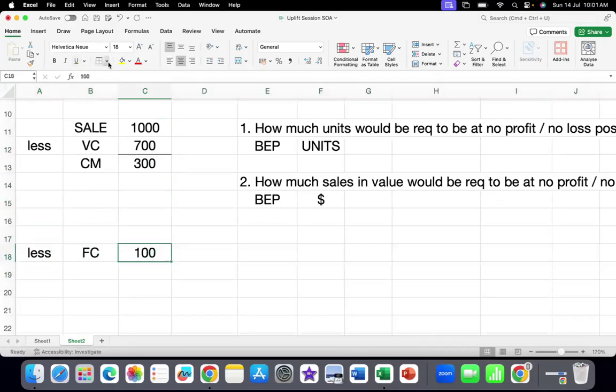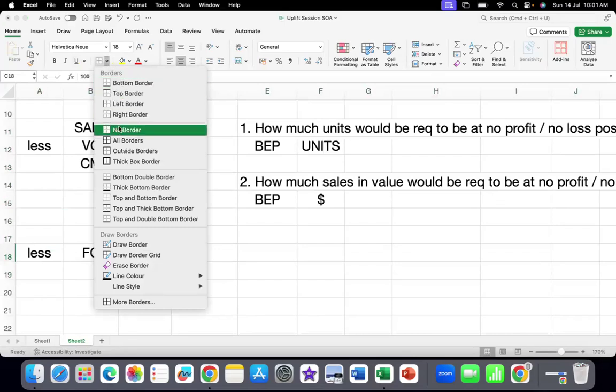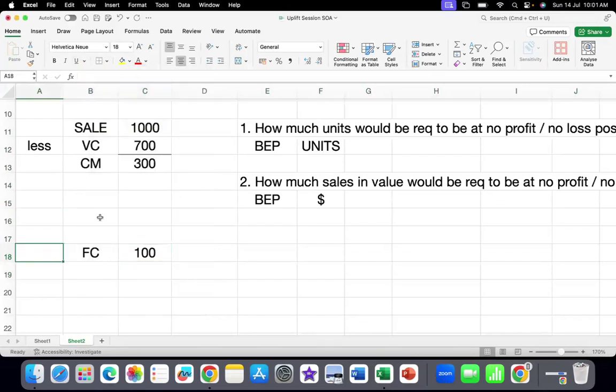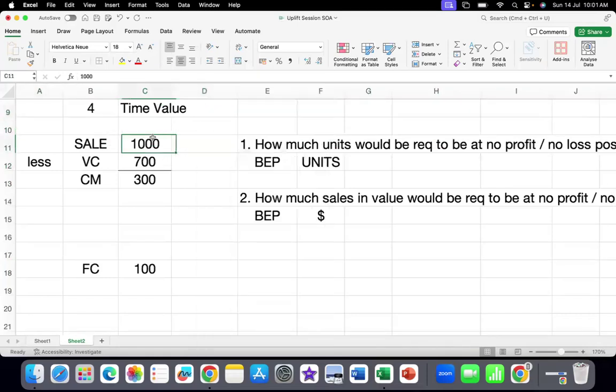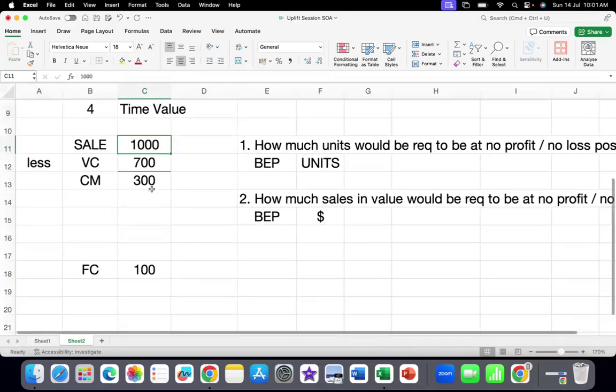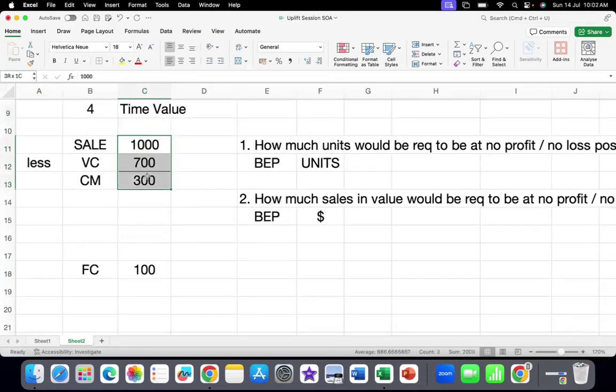Let your fixed cost be at a different position, and sales minus variable cost is equal to contribution margin. Just make sure that is accounted separately. And instead of putting it in totality for your sales, variable cost and contribution margin, it's better you put it on a per unit basis.